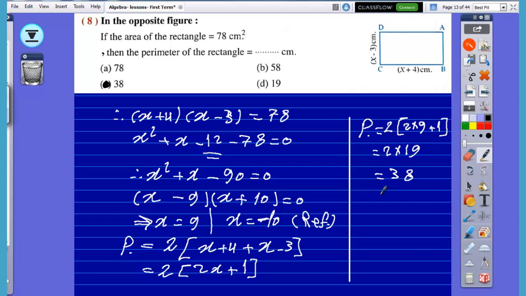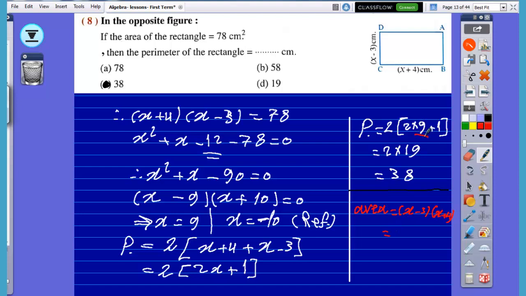You can check the solution. Substituting x equals 9 here, you will get 38. And if you substitute x equals 9, the area equals x minus 3 multiply x plus 4, right?